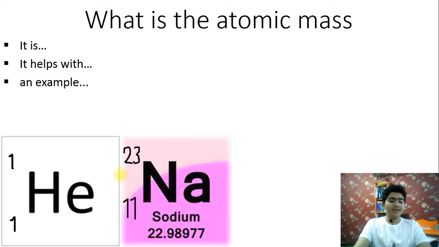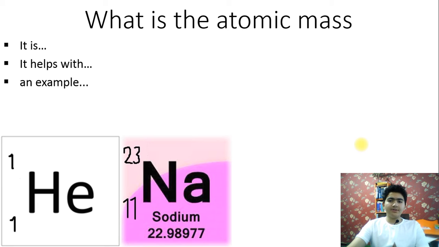So hydrogen has this atomic number and this mass number. Can you tell me the number of protons, electrons, and neutrons that are inside this atom? And keep in mind that this atom is neutral.